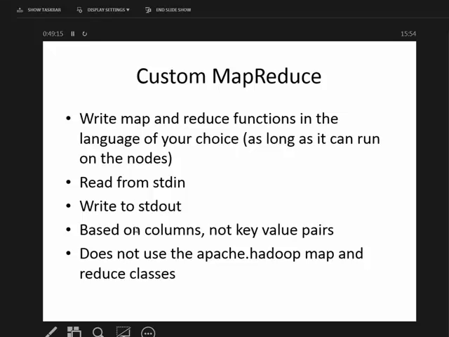And it doesn't use all of that Apache Hadoop map and reduce class stuff that we've already talked about. It just has to, as I said, read it from standard in, do something with it, and send it back out to standard out. So in some ways, there's a lot of simplification for you in doing it that way.